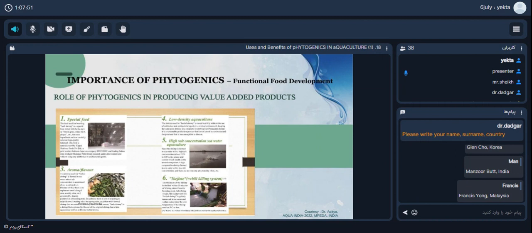A herbal formulation is given to the shrimp, and the shrimp will have a certain flavor or taste, or some greenish color, I guess, and will be marketed specifically. This gives us a new way of business development, where we can create a market for such specific food which has a certain taste, aroma, and quality.